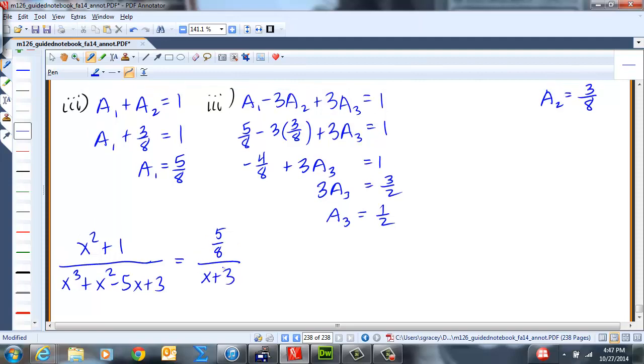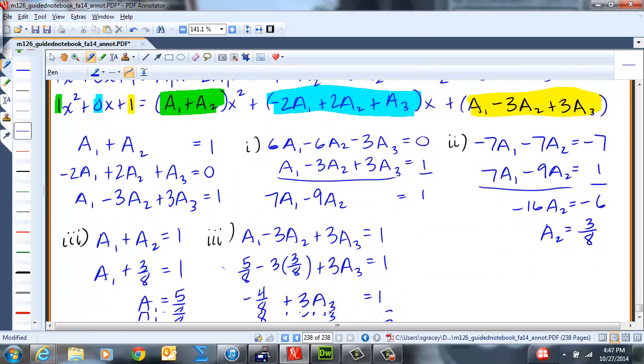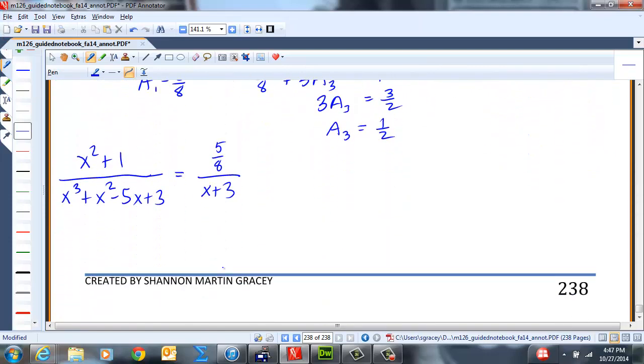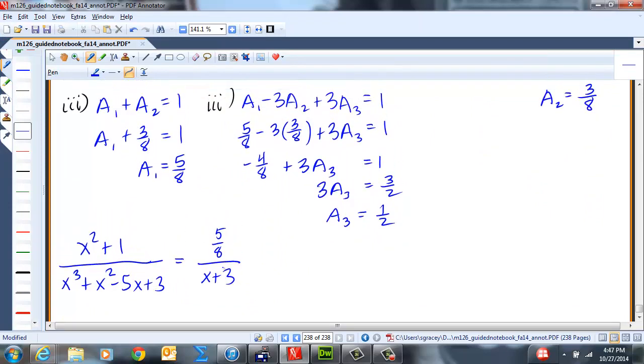Let me make sure that's what my A1 was. Yes. And then our A2 was 3/8. So plus 3/8 over x minus 1, and then plus 1/2 over x minus 1, the quantity squared.